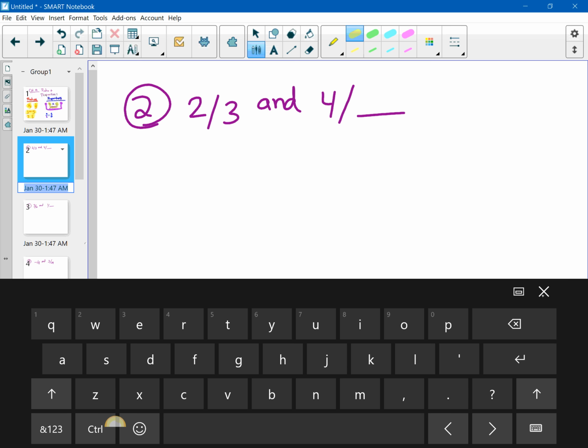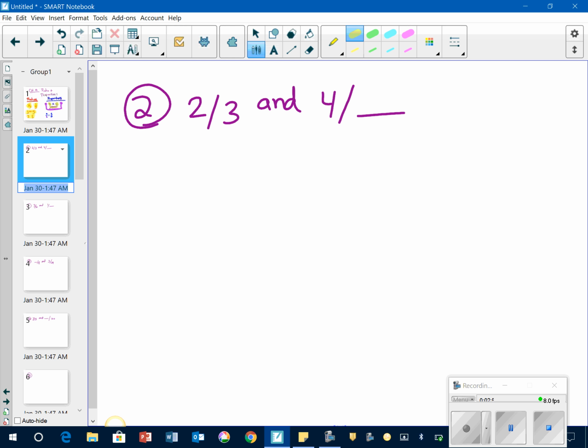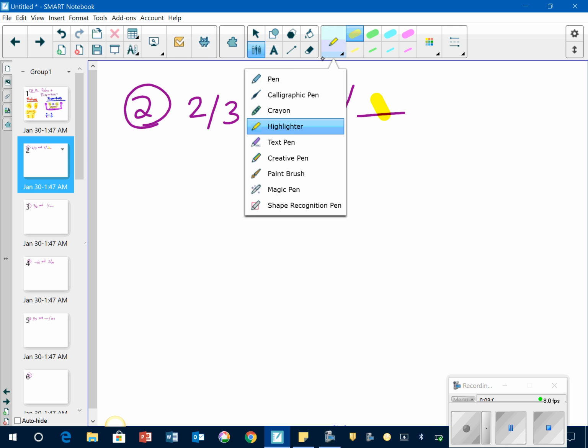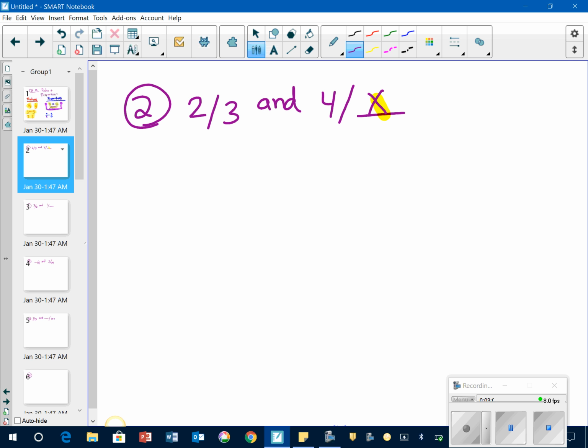And for example, we'll give you here on page 75, question number 2. You have 2 over 3 equals 4 over blank. So this is what I call your x.